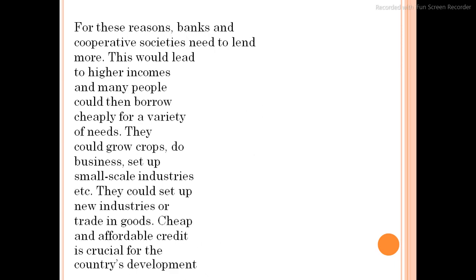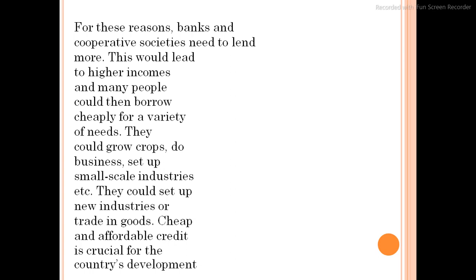Moving further, for these reasons, banks and cooperatives need to lend more. That would lead to higher income, and many people could then borrow cheaply for a variety of needs. They could grow crops, do business, set up small scale industries, etc. They could set up new industries or trades in goods.